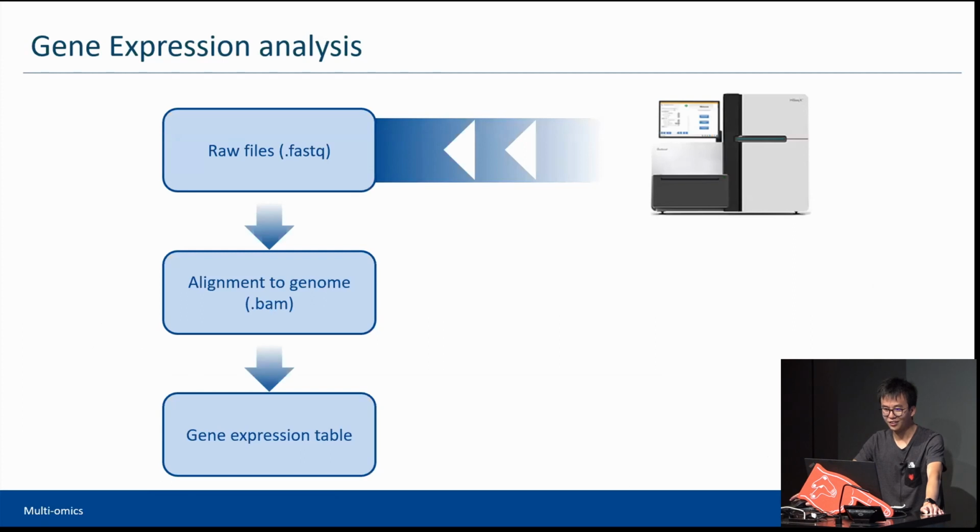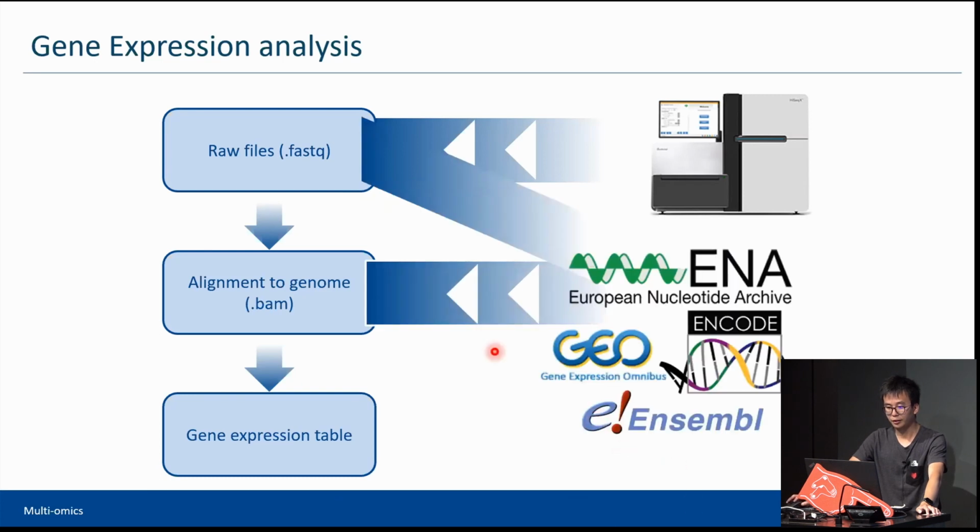So basically, this is a workflow for gene expression analysis. You have your reads from your sequencing machine, and you align them to the genome. Then you can annotate them, and by the end, check the gene expression table.